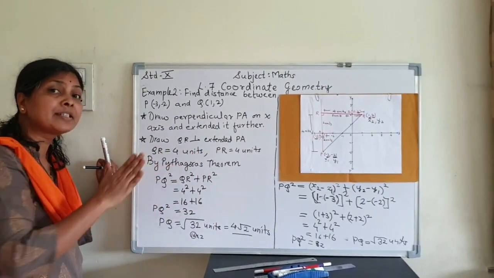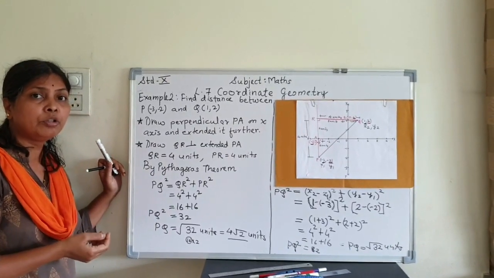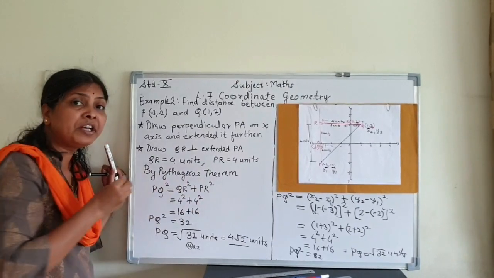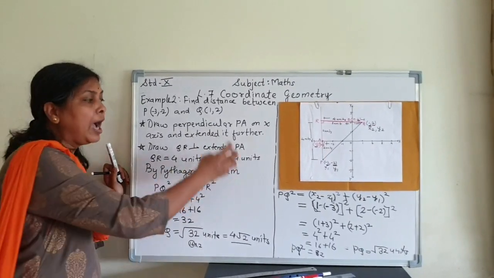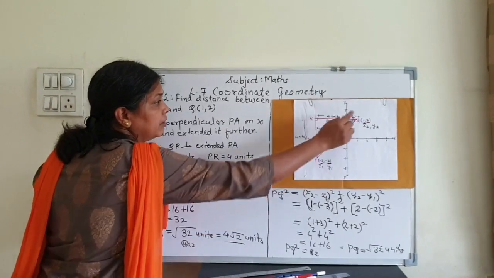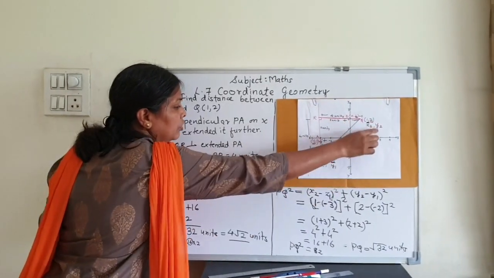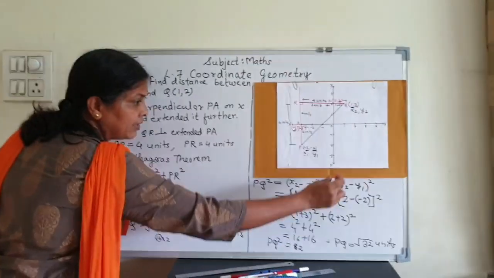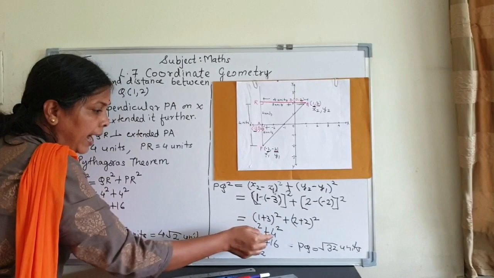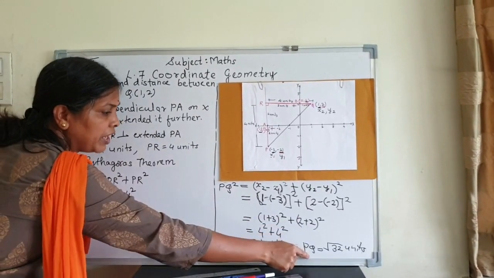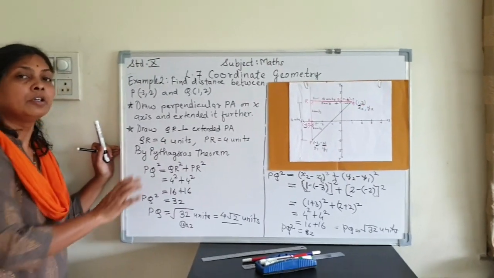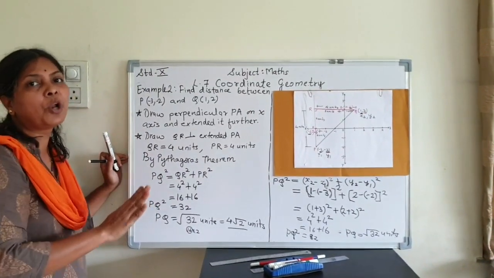We are doing the distance formula in the next video, but till then, just to know how we derive the distance formula, I have given the example with these coordinates x1, x2, y1, y2. Subtract, take the square, add the squares, and then how we get the distance? Square root of whatever we get. Don't worry, we are doing the distance formula in the next video.